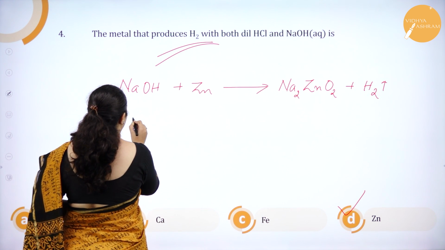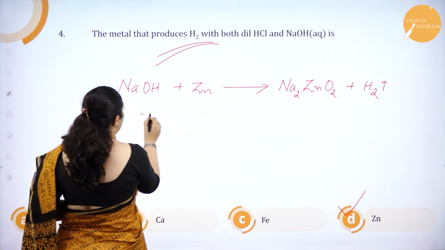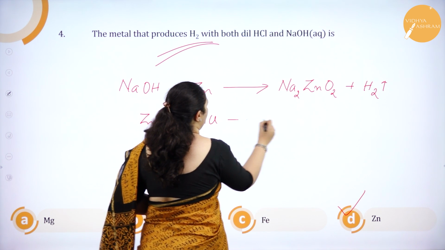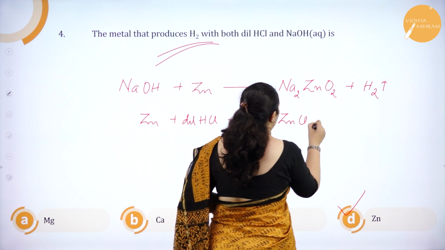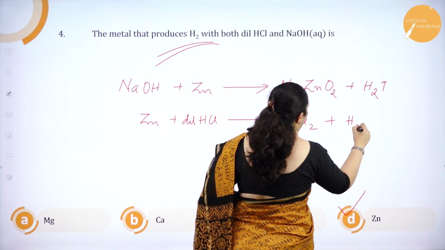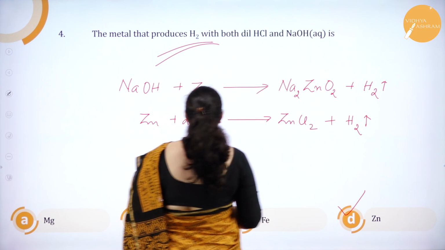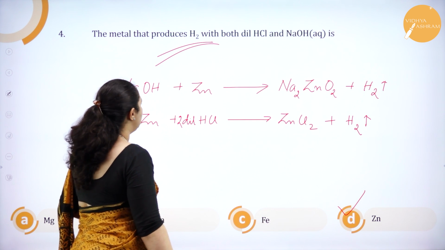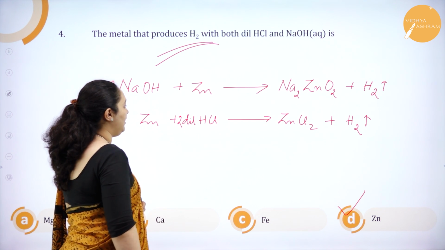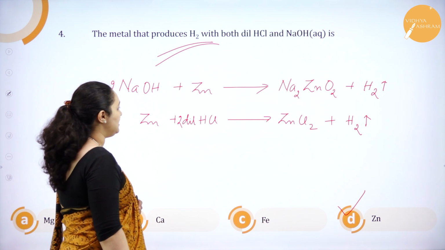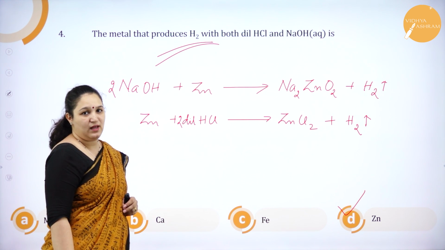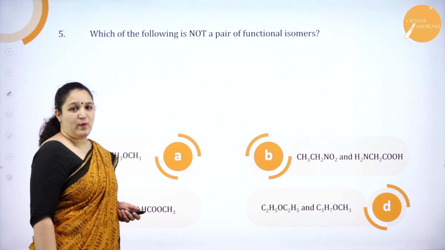Then we have zinc with dilute HCl, which will form zinc chloride and hydrogen gas is liberated. I have not balanced the equation, so here it is 2 and okay. So these are the reactions of zinc with sodium hydroxide as well as dilute HCl. Let's see the fifth question.